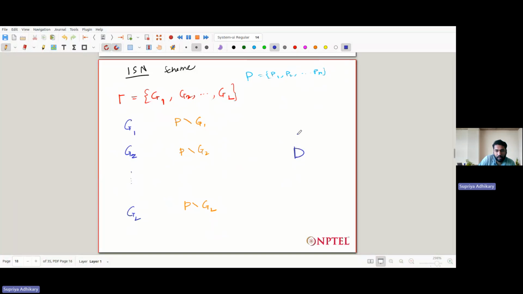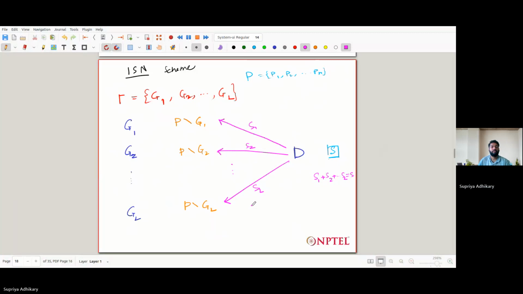There is a dealer who has the secret S. The dealer uses the additive secret sharing scheme and creates L random shares that sum up to S. And these shares are then sent to all the participants in the corresponding set.